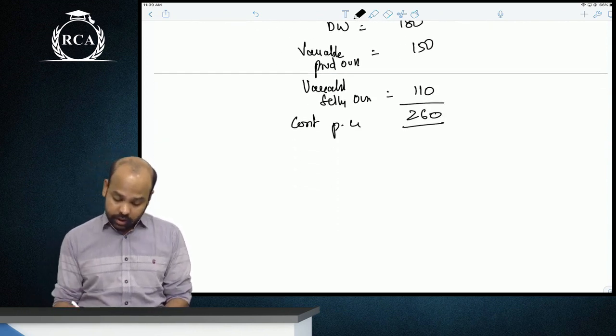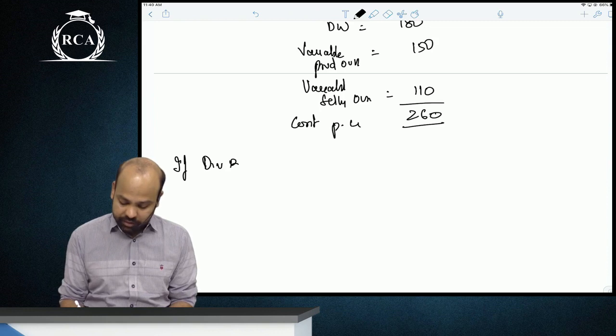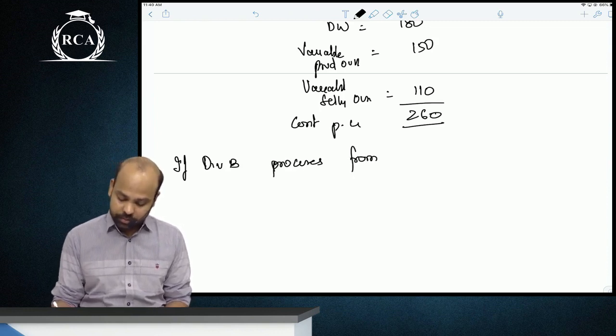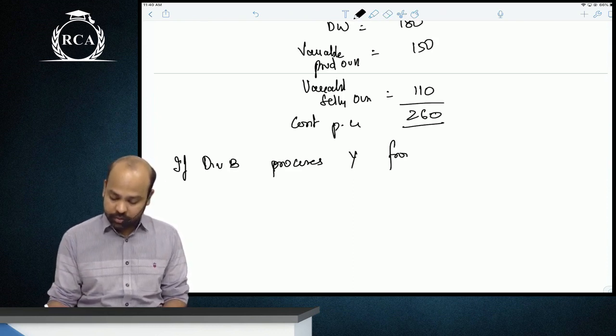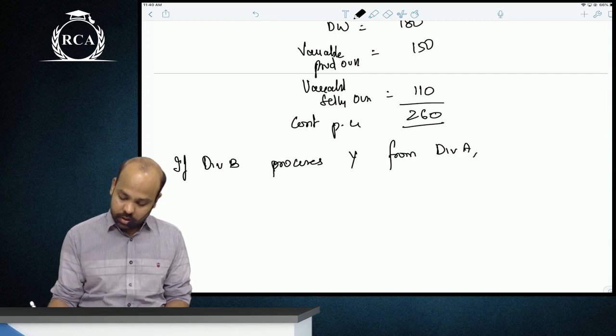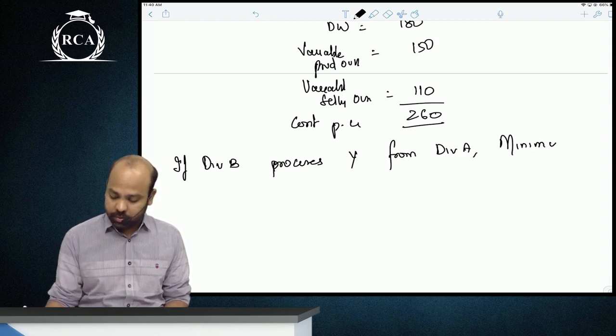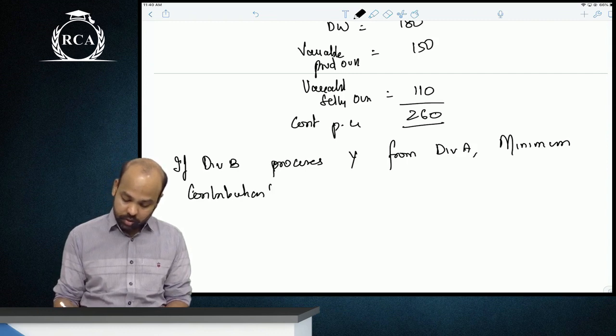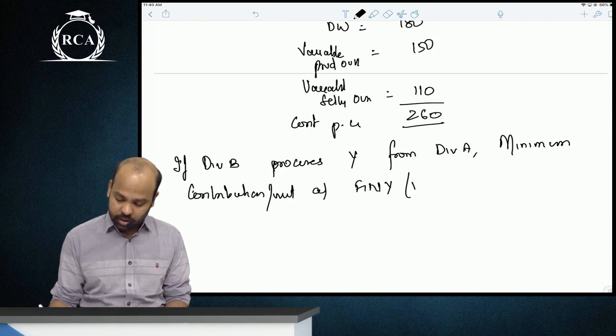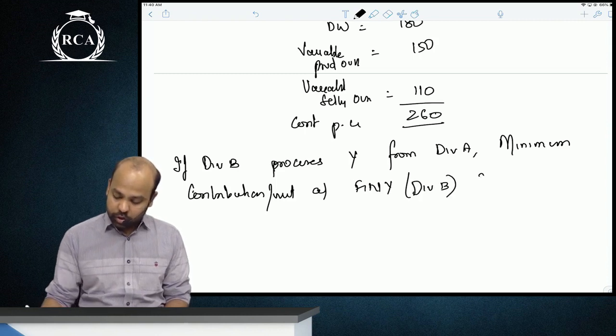Now please understand, if division B procures product Y from division A, the minimum contribution per unit that they would expect, the contribution per unit of division B's product, should remain at 260.